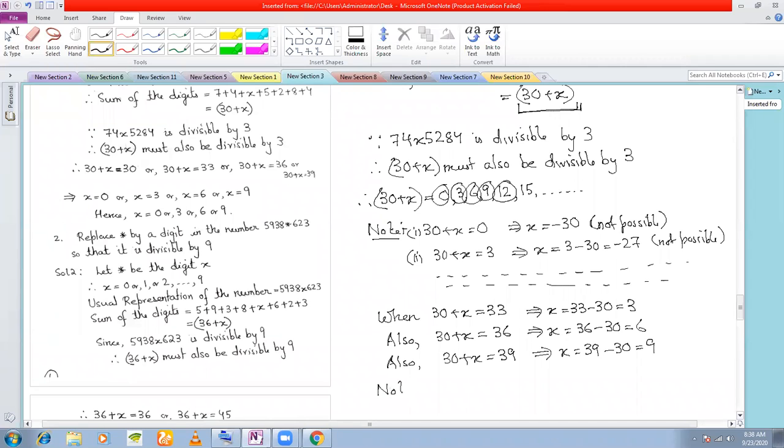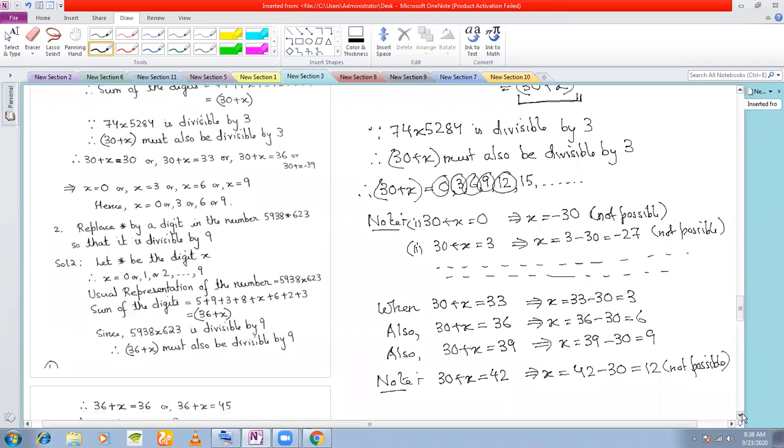What you must note is that any number greater than 39 will not work here. The next multiple of 3 after 39 is 42. But if you take 30 plus x is 42, then you get x is equal to 12, which is not possible, because x is a single digit between 0 to 9.